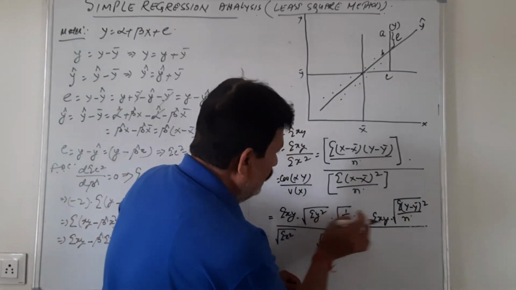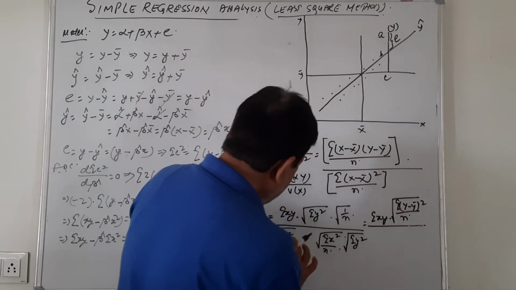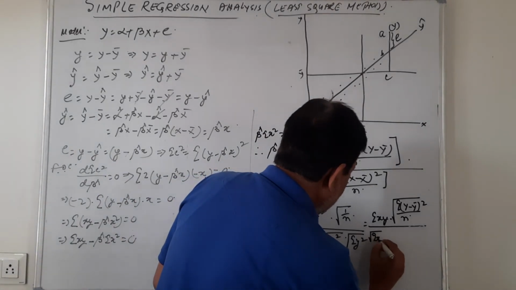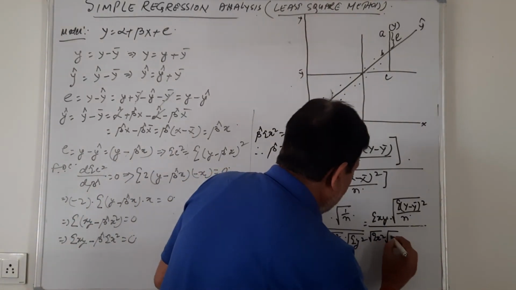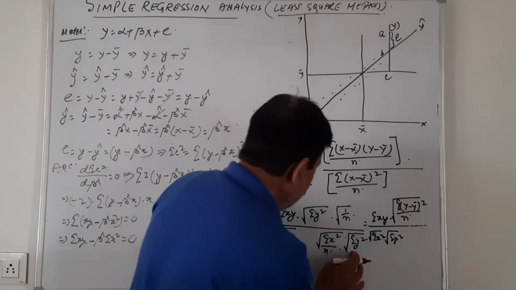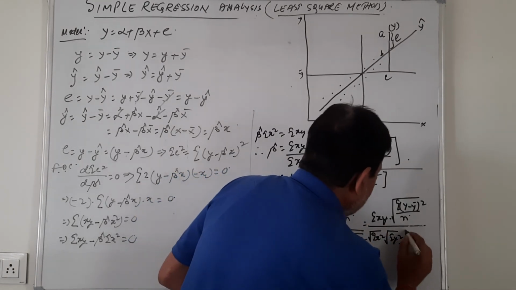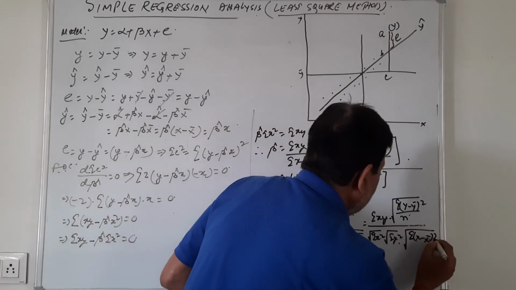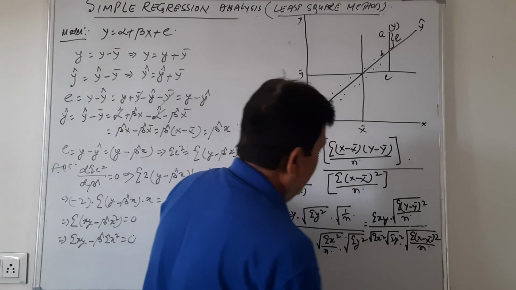This small y square has been expanded, and in the denominator under root summation x square, under root summation y square and under root summation x minus x bar square divided by n.